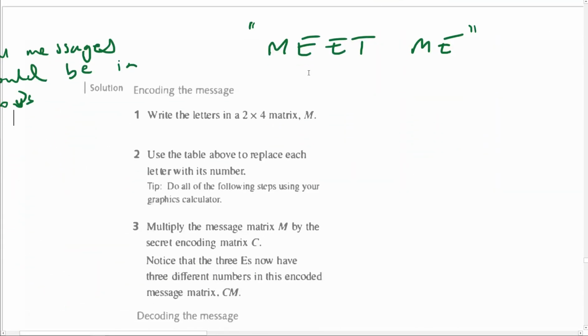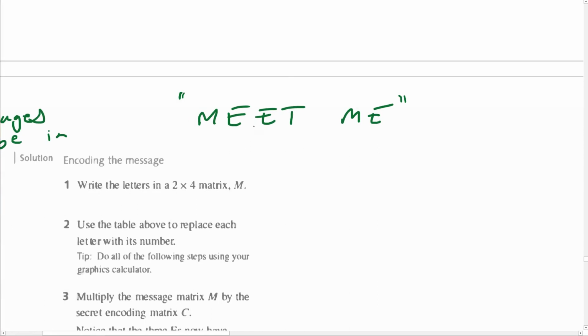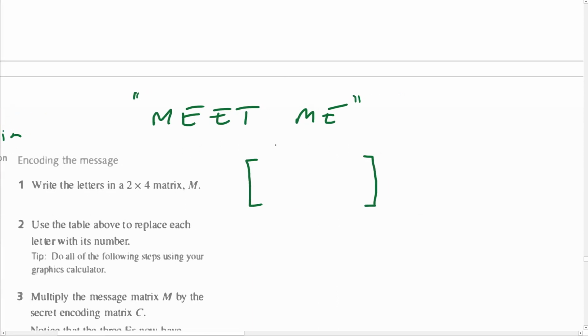So if we need to fit meet me into a 2x4 matrix, we need to have 2 rows and 4 columns. If we split that into this matrix here, it's going to have M, E, E, T. So there's your first row.